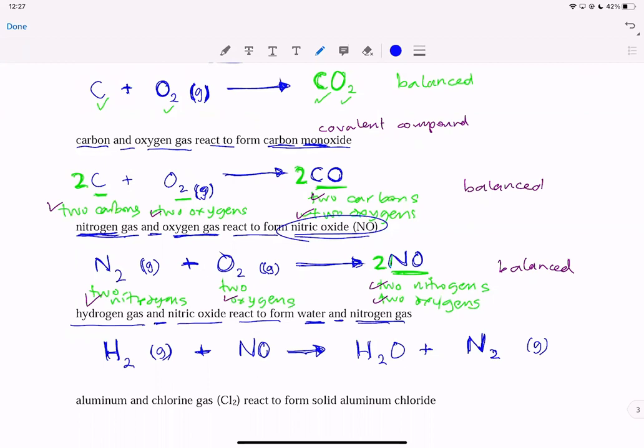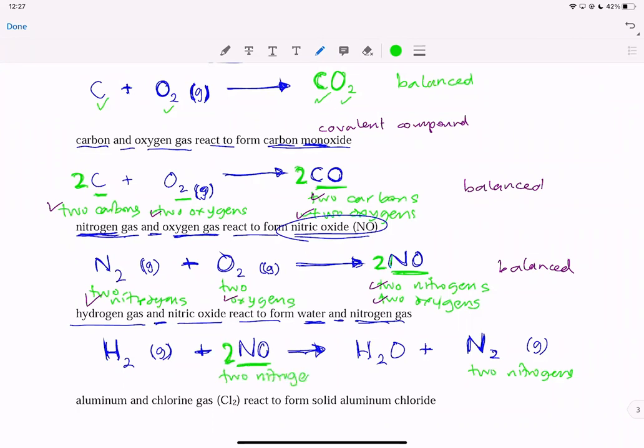Okay, so we can see that this is not balanced. Looking at this one, there's 2 nitrogens on this side, and there's only 1 nitrogen in NO on the left. So I'm going to start by putting a 2 in front of this NO. That's because this is an odd number, having only 1 nitrogen there. So now there's 2 nitrogens and that will balance that.